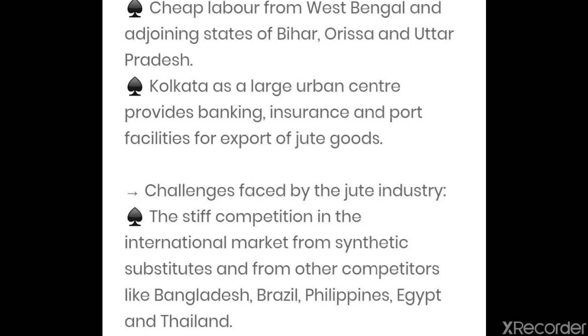These are the competitors of Indian jute, and they are also competitors of India in producing jute. So these are two problems the jute industry is facing.